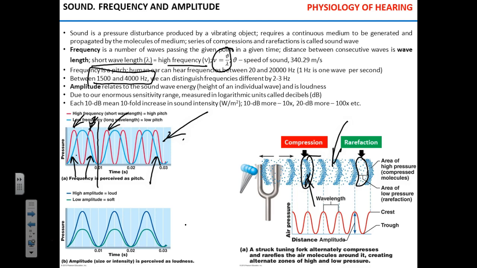At this frequency, we can distinguish sounds that are different in terms of the frequency by 2-3 hertz. It is very little. It's less than a half tone for those of you music aficionados. We can tell apart sounds that are different by half tone. We all have very good hearing. Does that make sense?